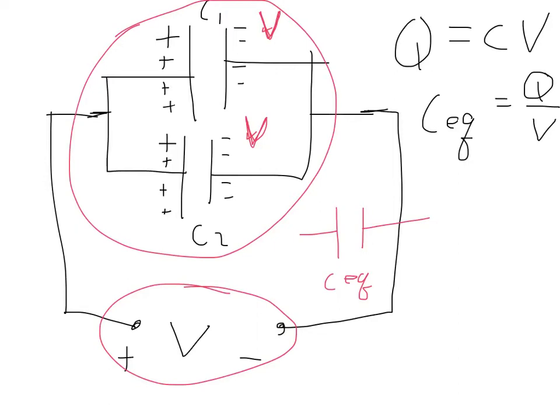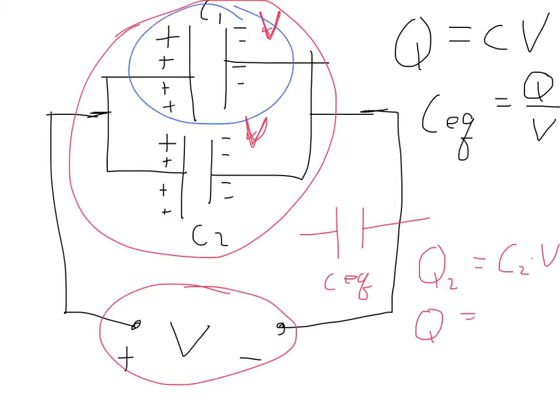The charge on capacitor C2, I'll call that Q2, is going to be equal to C2 times V. Similarly, Q1, the charge on this capacitor right here, is going to be equal to C1 times V. So the total charge that this voltage here sees is going to be equal to, I'll call it Q total.